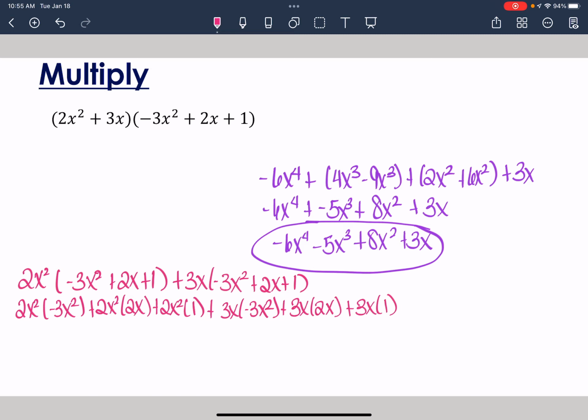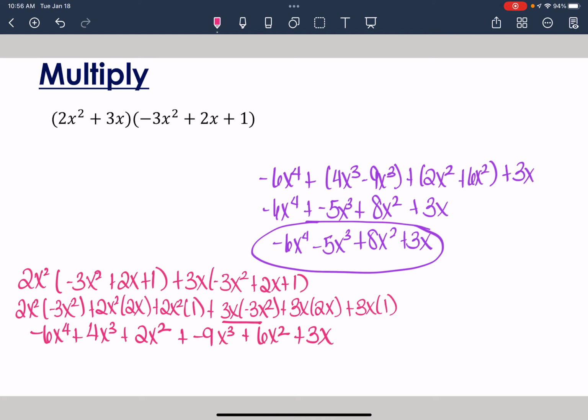So when I multiply this out here, I get 2 times negative 3, so that's negative 6x to the 4th, plus 2 times 2 is 4, 4x cubed, plus 2x squared times 1 is 2x squared, plus I have 3 times negative 3, so that's negative 9x cubed, plus 3x times 2x will be 6x squared, plus 3x.